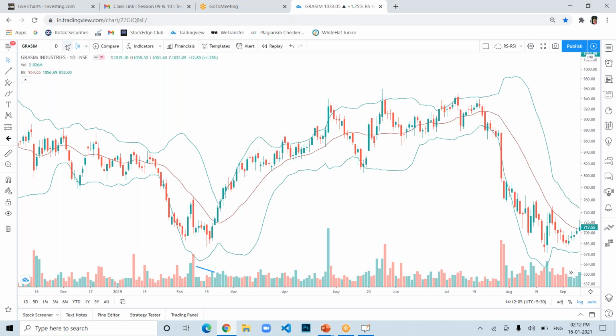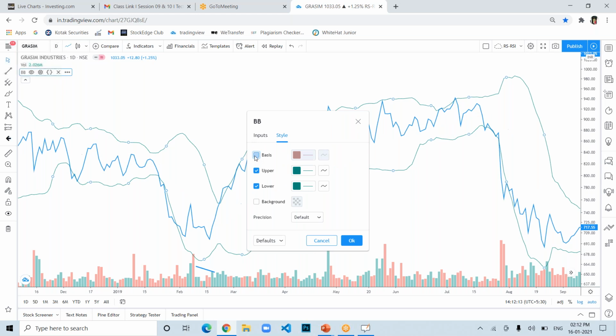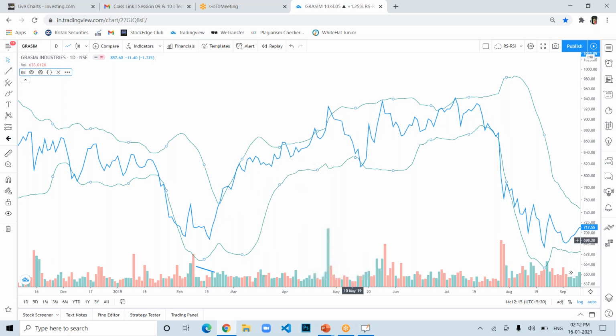You want to check on the line chart? Check on the line chart. Is it clear now? Let me just hide this line for you all. But you will not be able to check very clearly if you choose a line chart, because you need to see the relative distance.